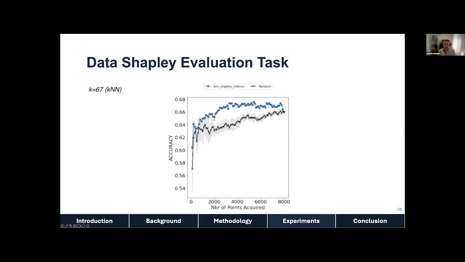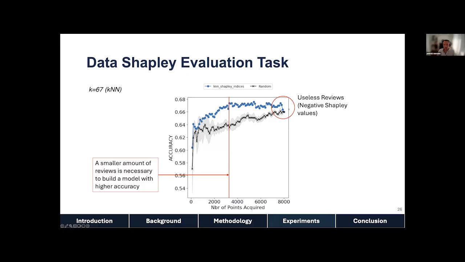But if you use the KNN data Shapley value, so you order the data using the Shapley values and use that as a strategy for acquisition, you actually get higher utility, and you don't need the whole data set to achieve a high utility.